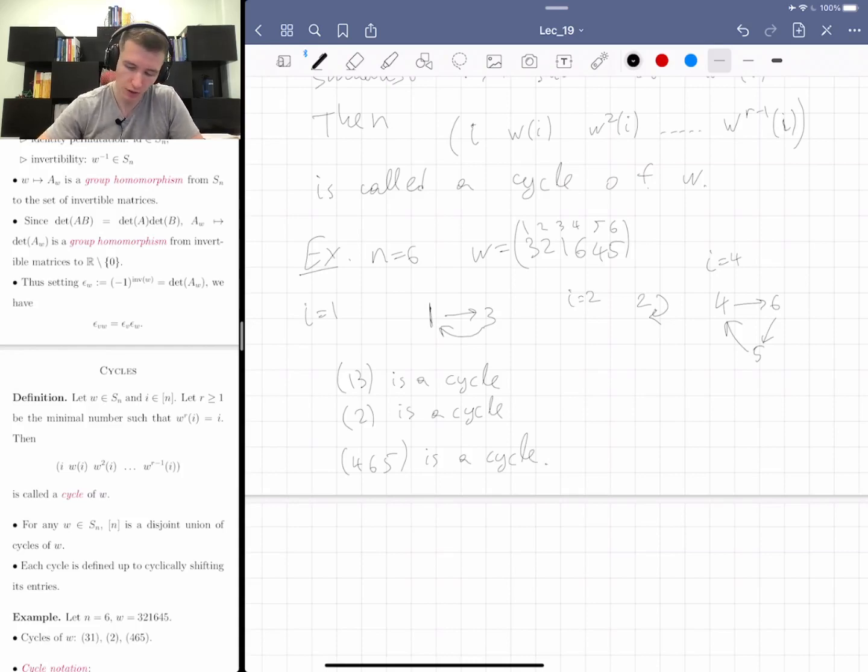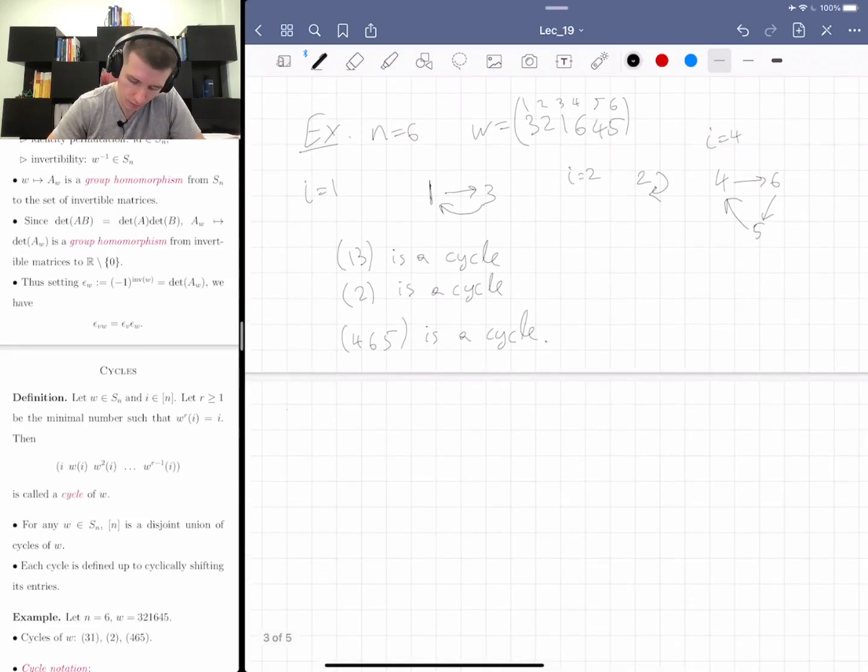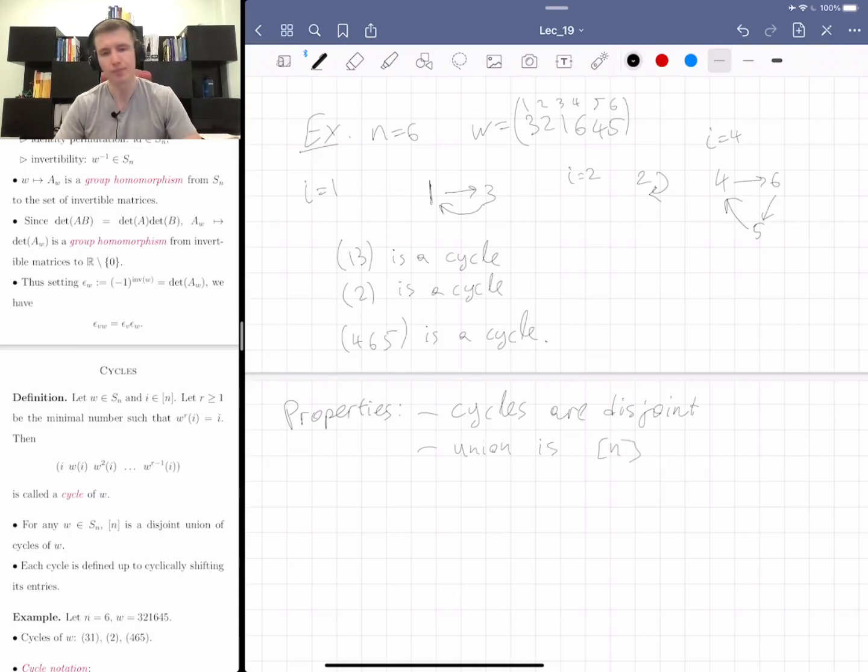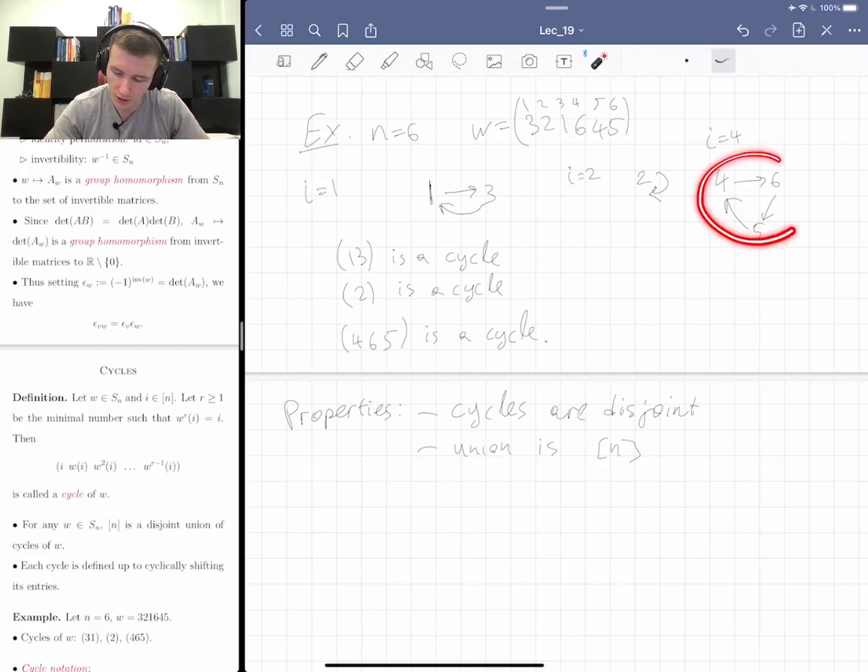And so the basic properties are that the cycles are disjoint, and their union is bracket n. So they give me a set partition of bracket n, but there is more information. For each cycle, I also remember the cyclic ordering of the numbers in the cycle.